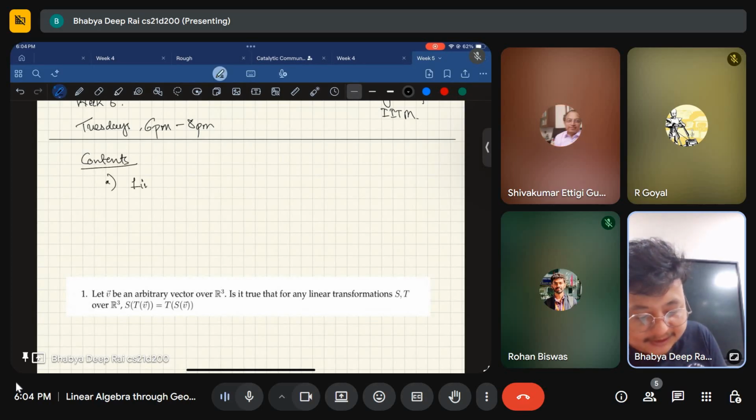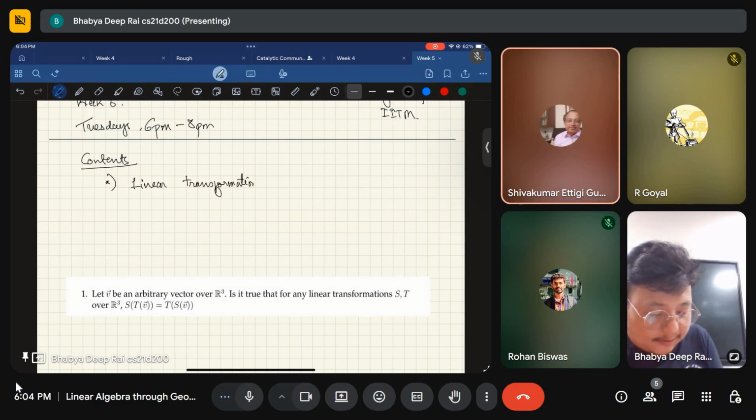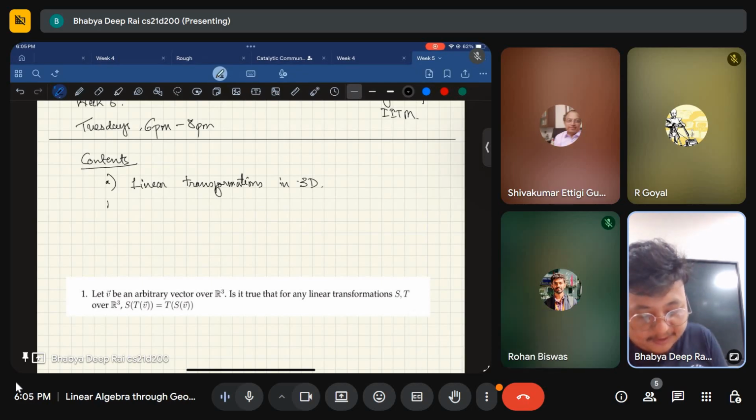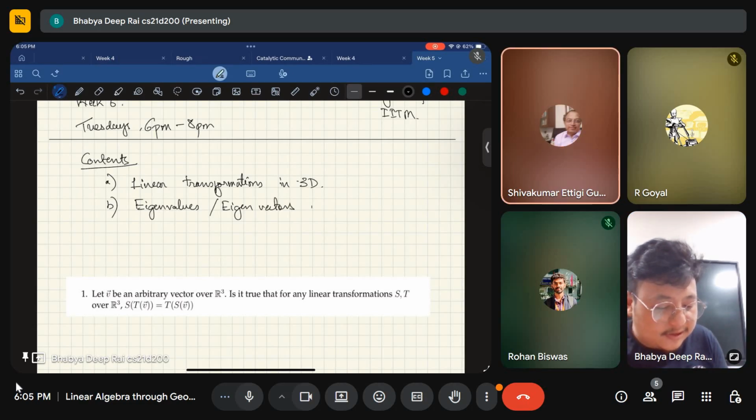The first one is linear transformations in 3 dimensions. And the second one is the effect of eigenvalues and eigenvectors in 3D.